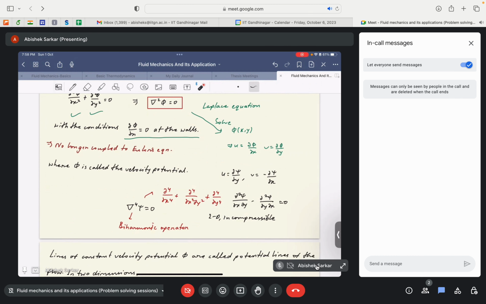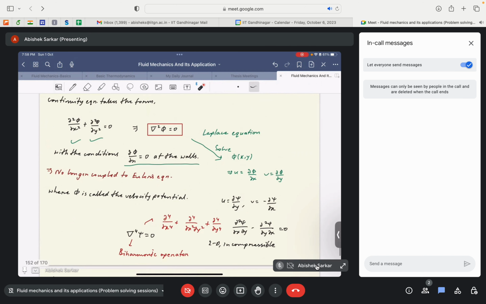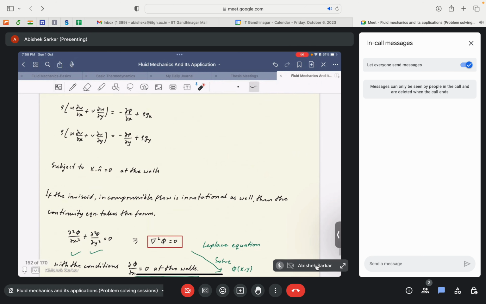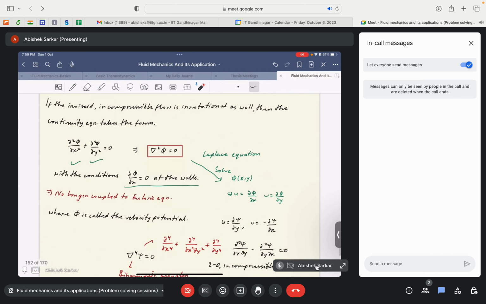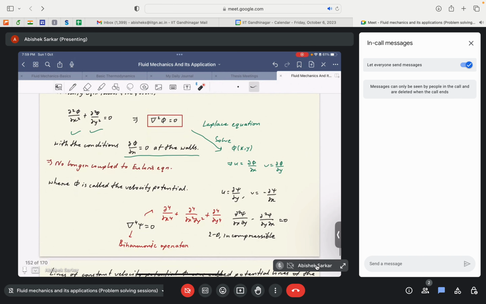We just need to solve this set of linear equations, get phi, and then get the velocity components. And once you know the velocity components, we can substitute them in this equation and find the value of pressure. This is the elegance of the potential function, and that's why this theory is so relevant in potential flow theory, and it also helps us get an idea of the flow physics in the case of viscous flows as well.